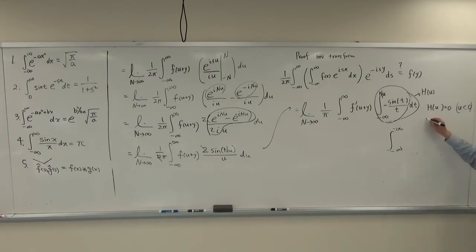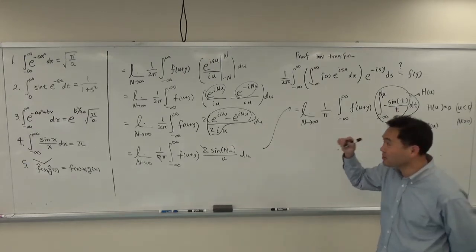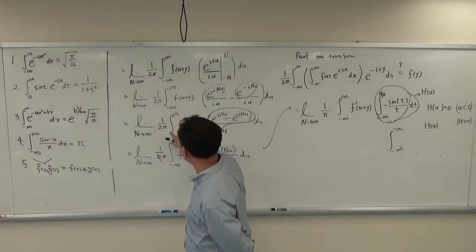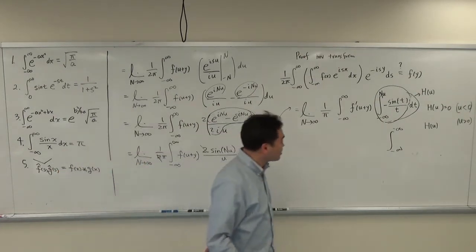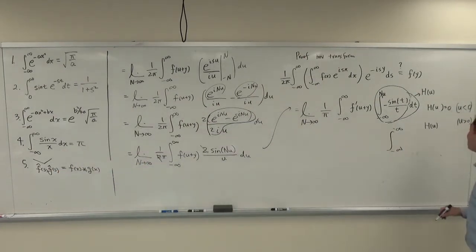However, if u is positive, what is that? It'll be pi, but because there's a minus, it'll be negative pi, right? Because of this one here. So you end up with negative pi if u is positive.